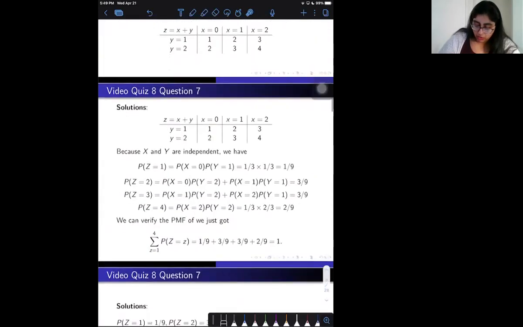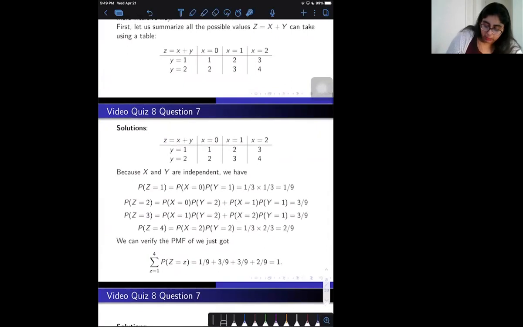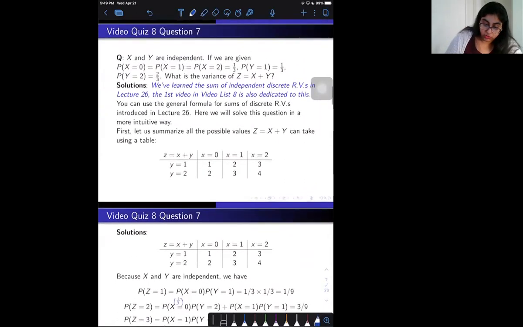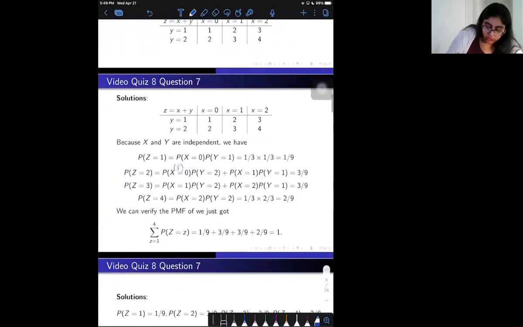Okay? So what we'll do is probability of X equals 0 times probability of Y equals 2, plus probability of X equals 1 and Y equals 1. And what is probability of X equals 0? It was 1/3. Probability of Y equals 2 was 2/3. So we'll multiply those.